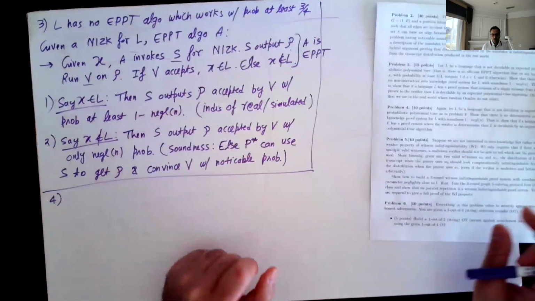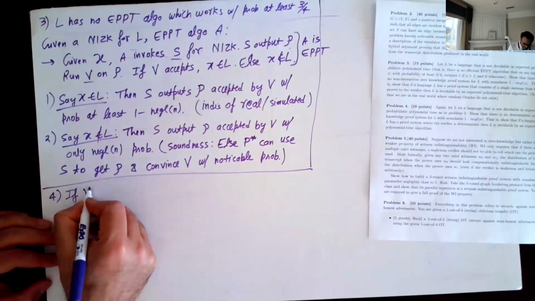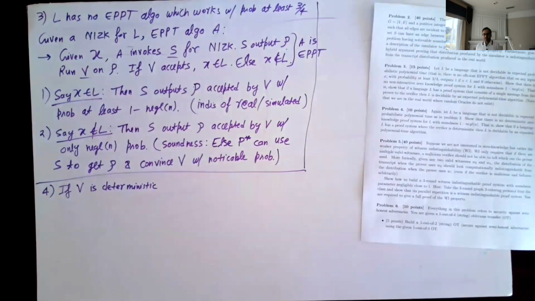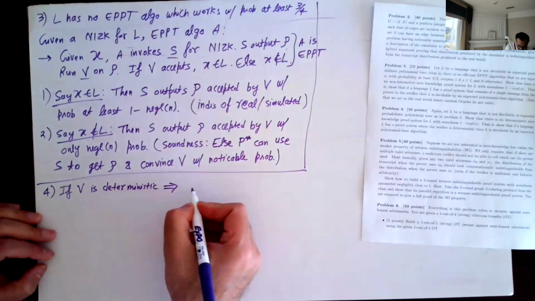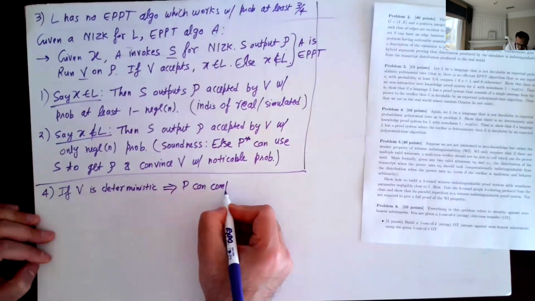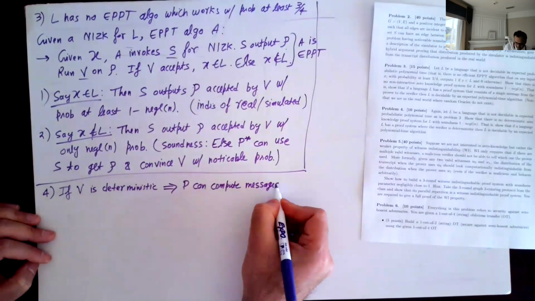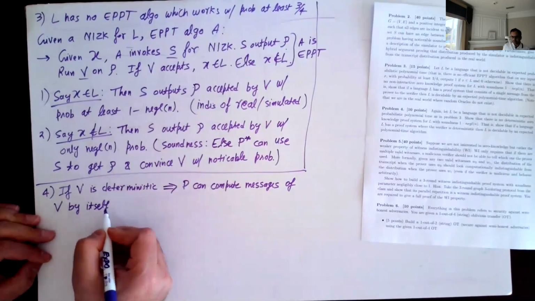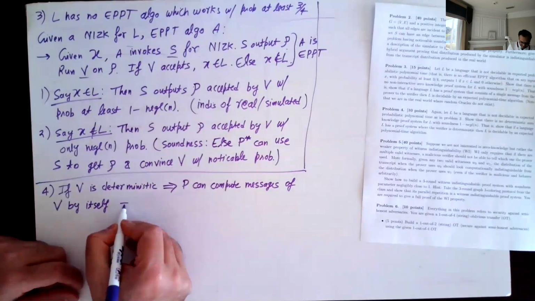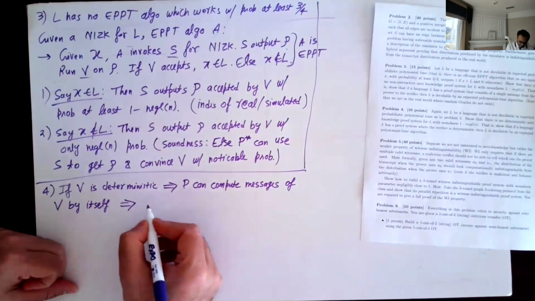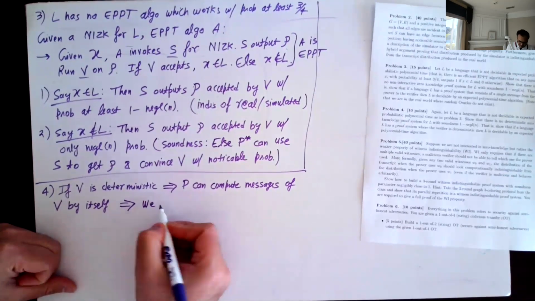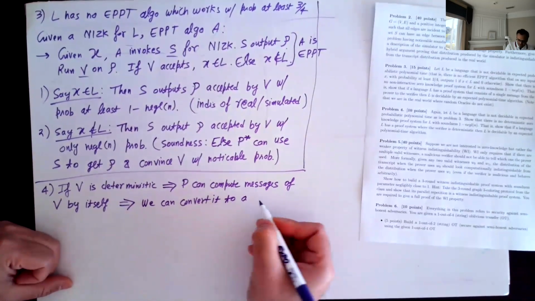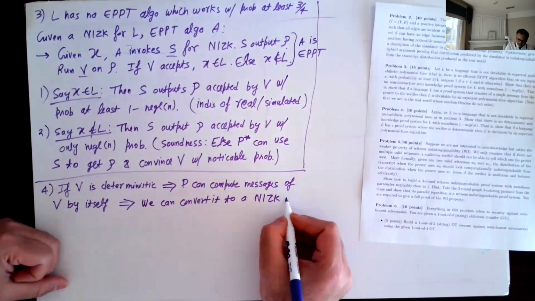But note that if V is deterministic, then it implies that P can compute messages of V on its own, which also means that we can convert it to a non-interactive zero knowledge system.